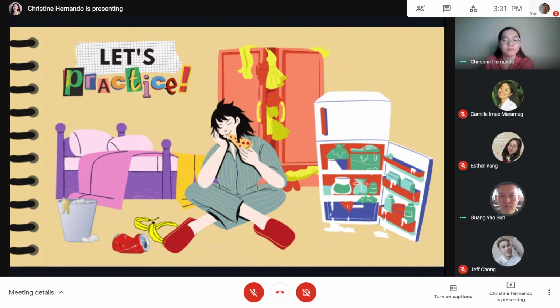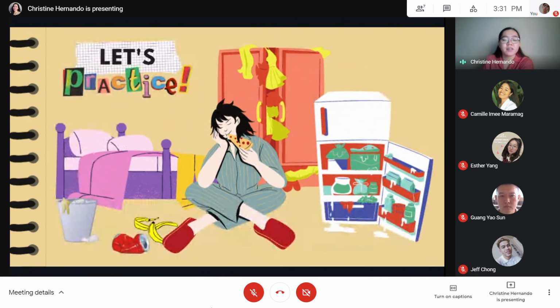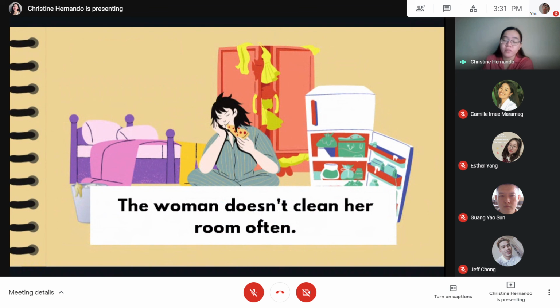I think this girl doesn't like to clean her room. Okay, that is an acceptable sentence. So the woman doesn't clean her room often because, as we can see, there is a lot of mess on the floor, right? And the clothes are not organized in the closet, right? So the bed is not fixed. So it is obvious that the woman doesn't clean her room often.